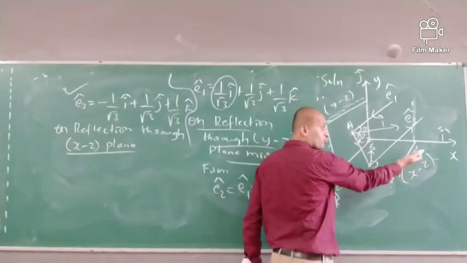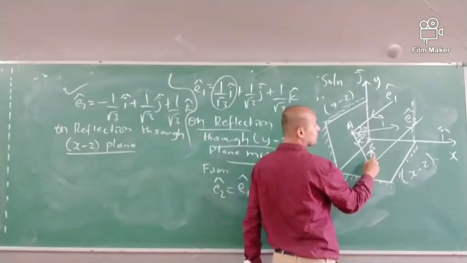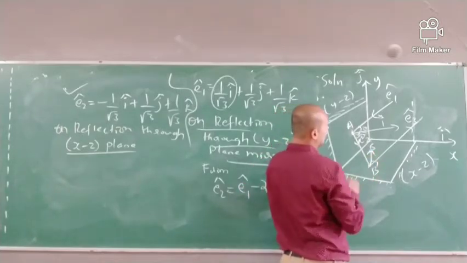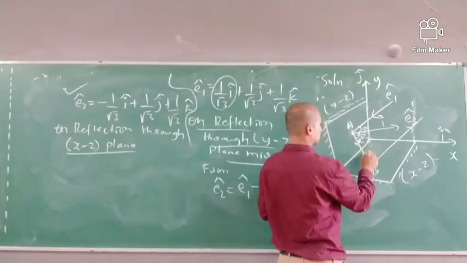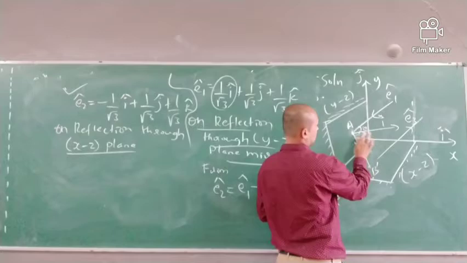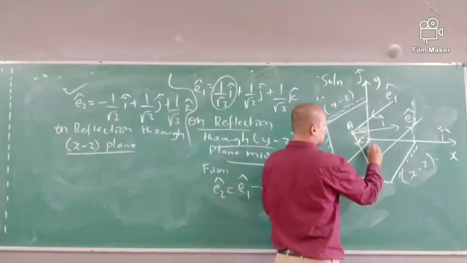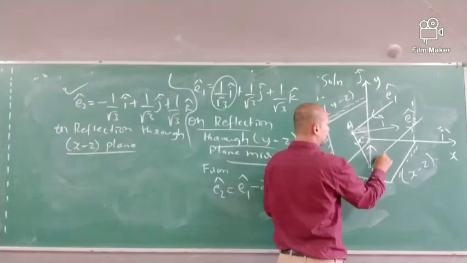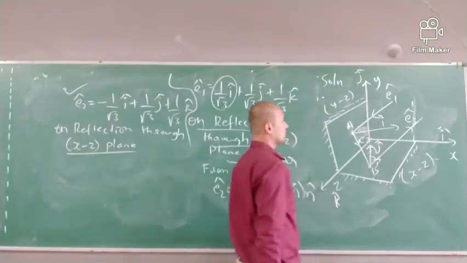So the line perpendicular to the plane of mirror XZ is J cap. Yes or no? This is the normal line. This will be J cap.